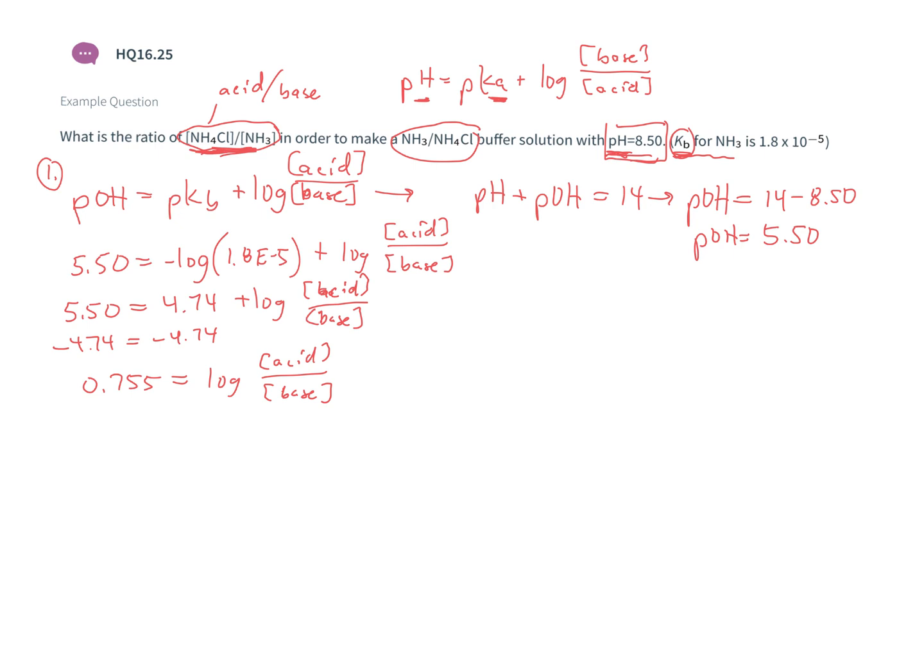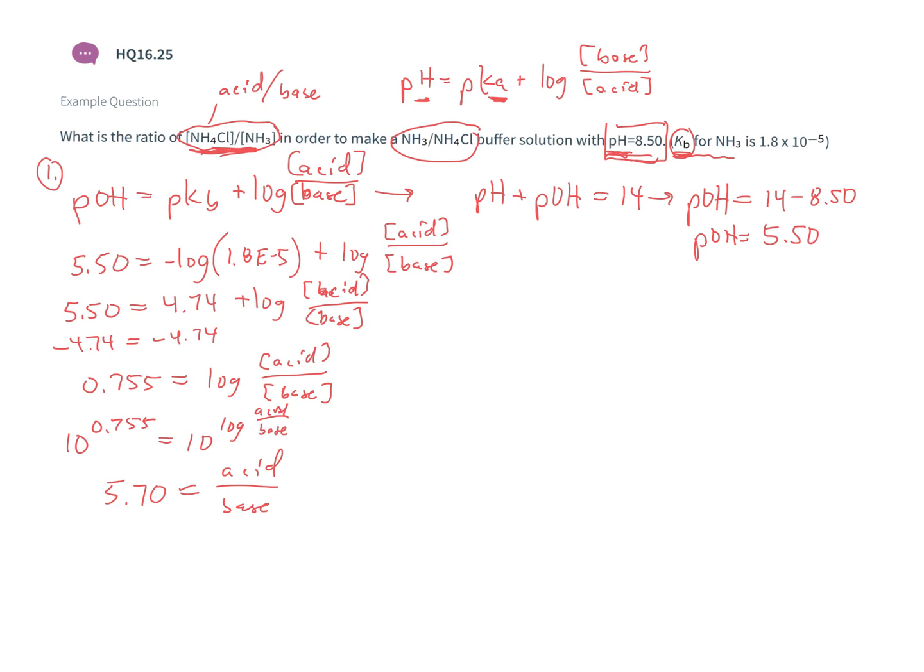So I can take 10 and raise both sides: 10 to the 0.755 equals 10 to the log of my acid over my base, and that will get rid of the log function. So 10 to the 0.755 gives me 5.7, and that equals the ratio of my acid to base. And that's what I'm asked for.